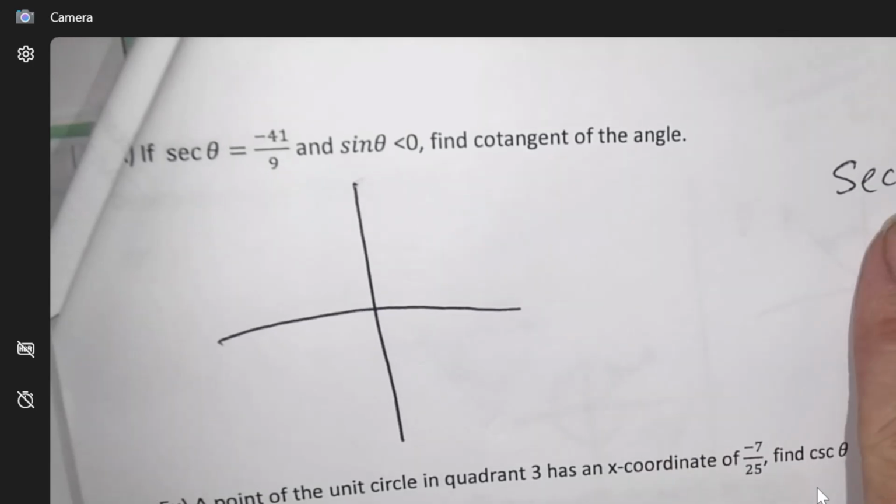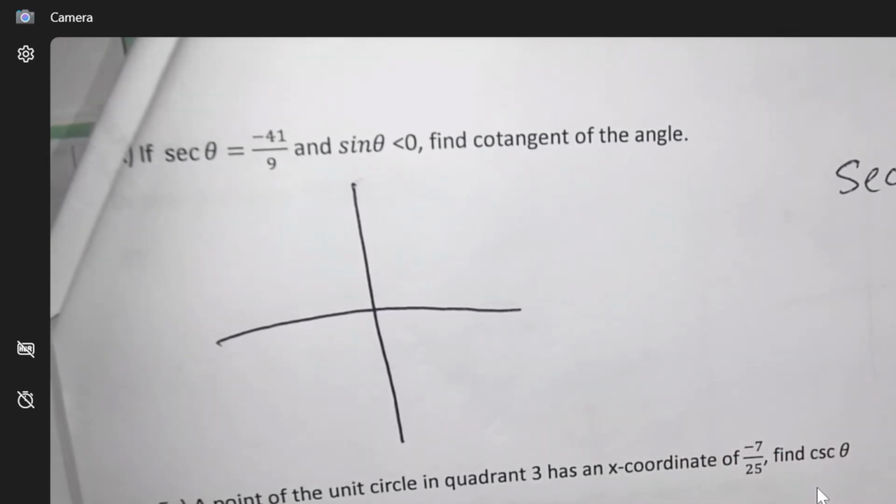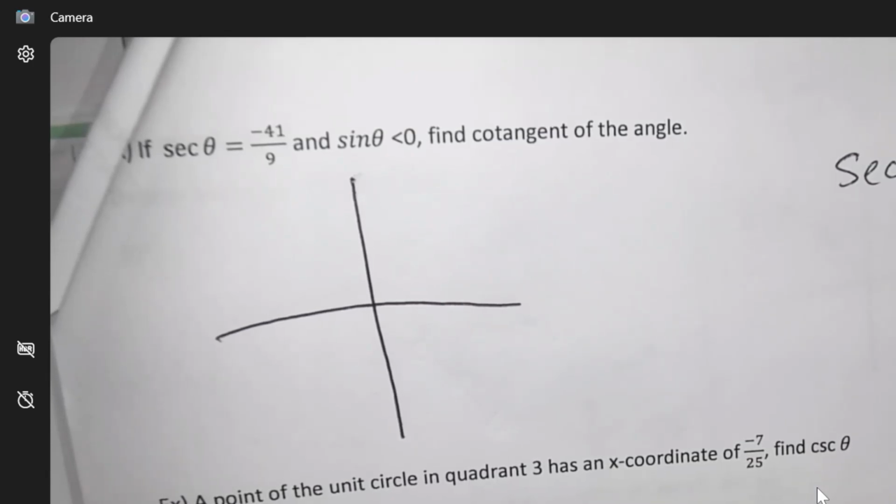Okay, so here's my info from the question. Here's my ASTC analysis. So secant is negative. Well, secant negative, what's the flip of secant? Cosine. So really, forget that. Cosine is also negative. I'm going to just go with that.